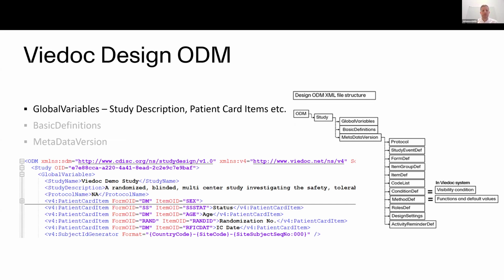Things that are intended to span across different metadata versions. So if I display a screenshot here from an ODM, you can see that we have study description, study name, we have patient card items with this vendor extension that I mentioned earlier.